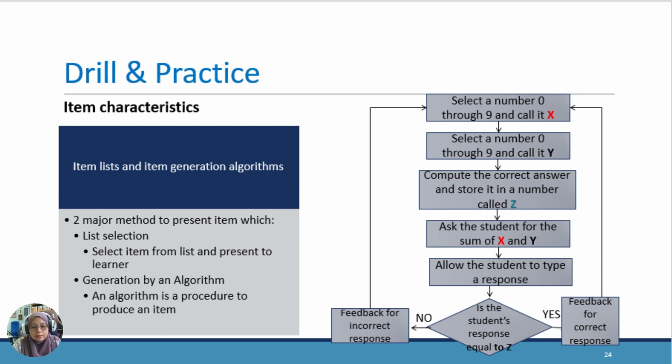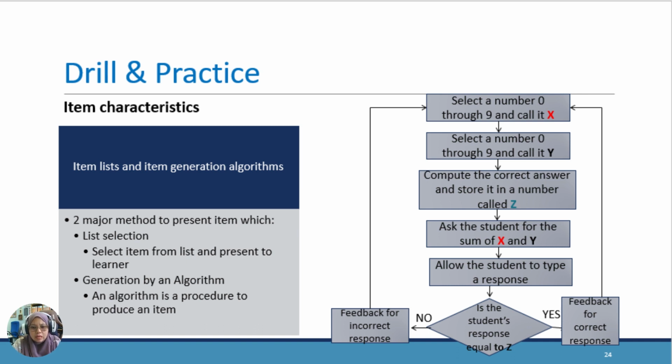Here we as developers set the list. For example, select a number 0 through 9 and call it X. This is more about programming, right? Select a number Y through 9 and call it Y. Then compute the correct answer and store it in a number called Z. Ask the student for the sum of X and Y, so plus here.